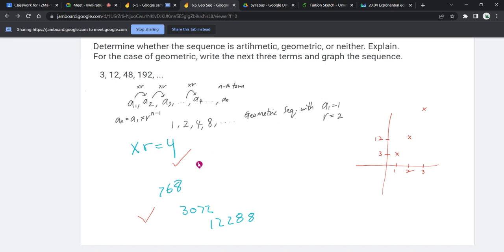Because it means that we need to graph the sequence, only the points that are members of the sequence need to be plotted. But they are actually on the line. Yeah, they are actually on this blue line, where the blue line is something like 3 times 4 to the power x.